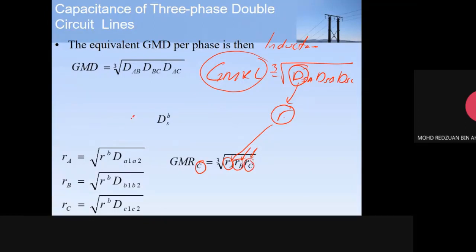So this is the same as the previous slide, same as inductance, except R replaces the value of DS.